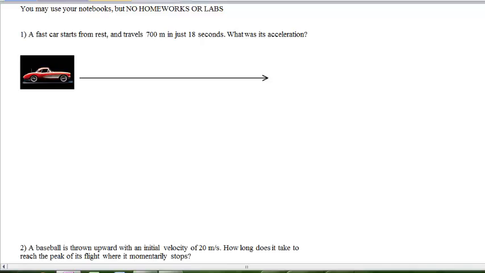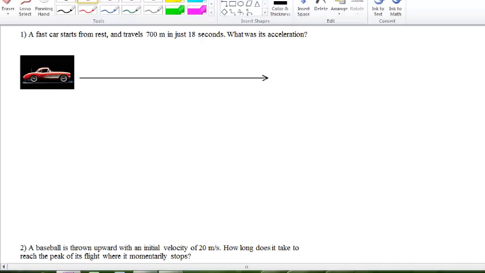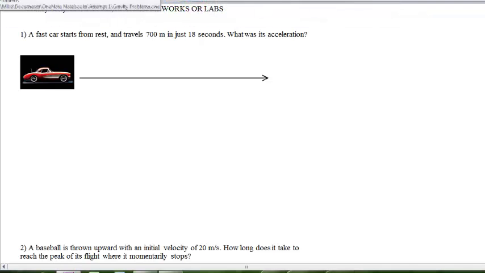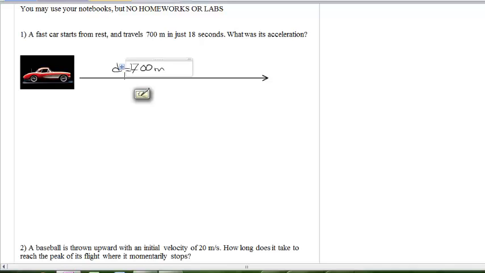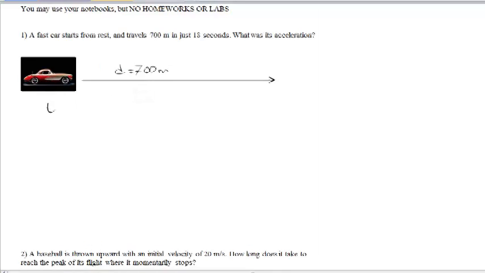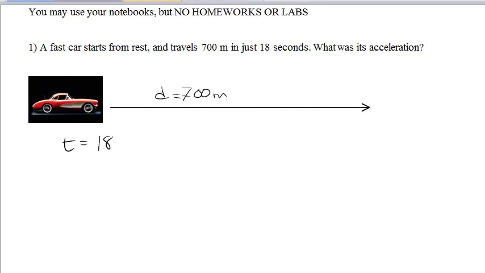Number one, we had a fast car at rest that travels 700 meters in just 18 seconds. So we have a displacement of 700 meters in a time of 18 seconds. Now that's the information that we're explicitly given in the problem.